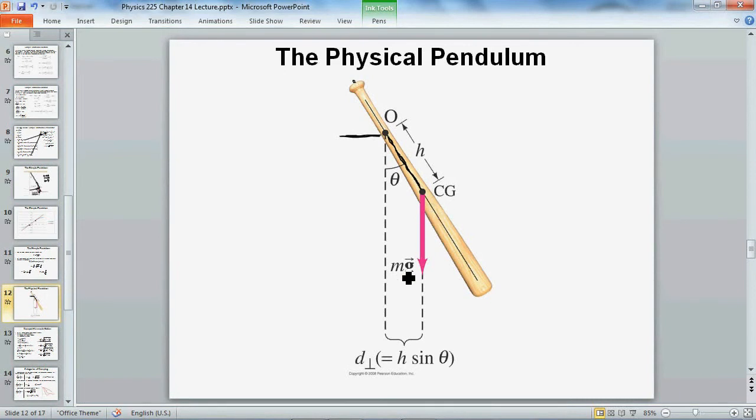And you notice that you have the mass times the gravity. You're taking a look at the whole pendulum, and the separation h here. And those factors become very important as we do our analysis.